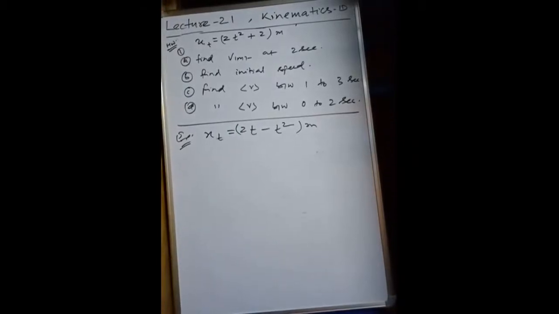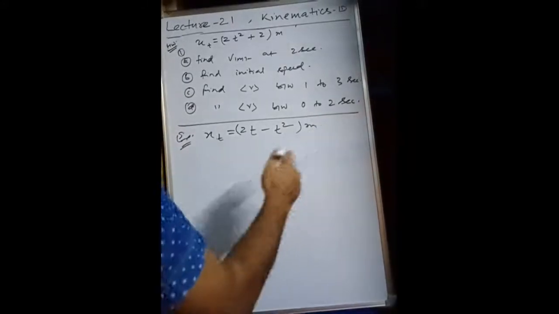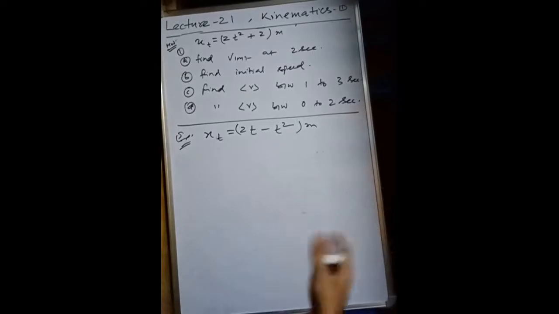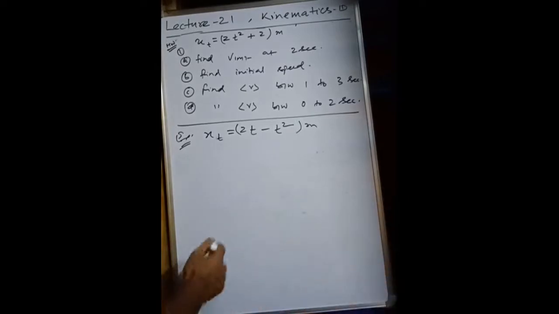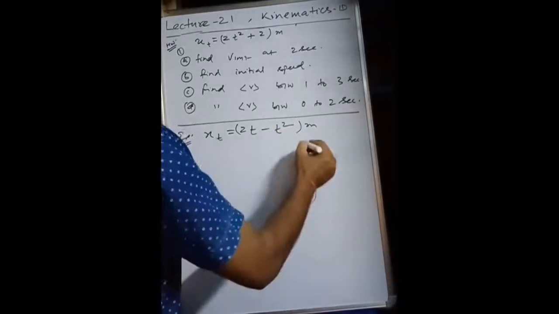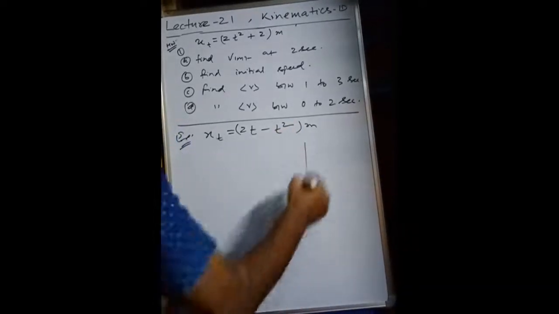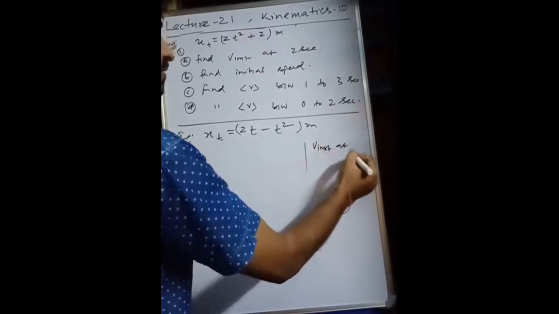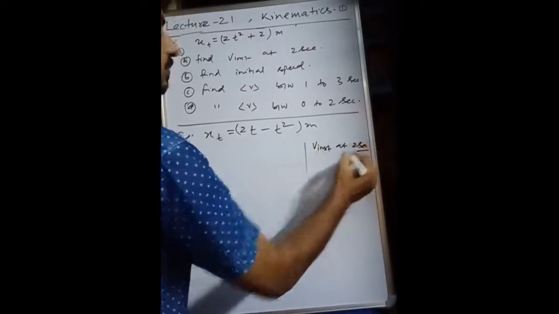It is 2t minus t square, and you have to find the instantaneous and average value. The instantaneous one you can find out easily. So suppose you have to find the instantaneous speed v instantaneous at 2 seconds, my dear students.